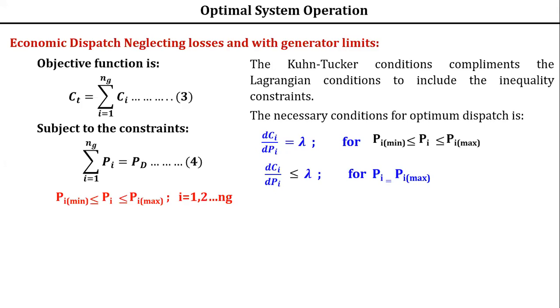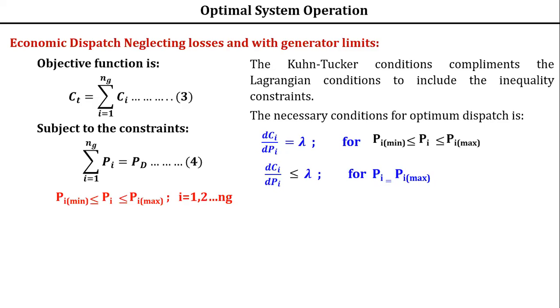It is violating the maximum value. However, whenever it violates the maximum value, don't operate that generator at 110, but operate it at its maximum limit of 100 megawatts. Clear? So assign the maximum value to the generation. In such a condition, the incremental fuel cost will be less than or equal to lambda.